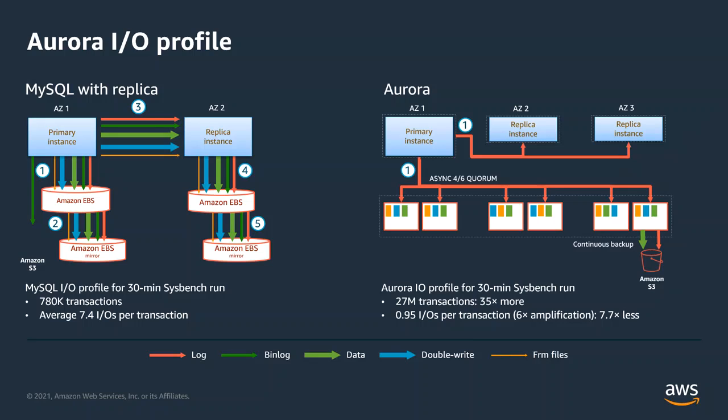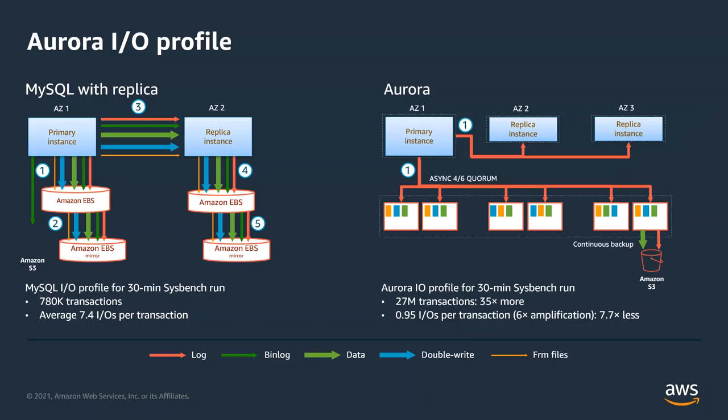We don't have to do the S3 backups off the database writer because those are happening continuously from the distributed storage. And the read nodes that receive the change stream only need to apply that change stream in memory to keep their cache accurate, because the actual storage is on these multi-attached volumes that we can go to.